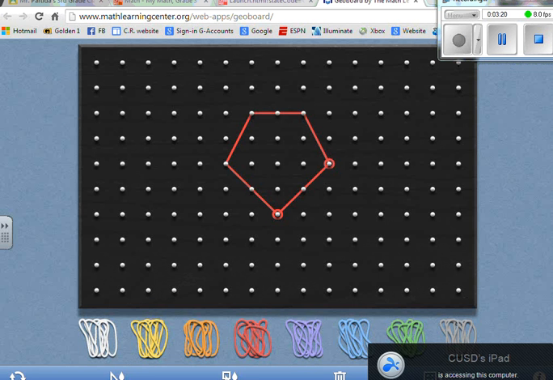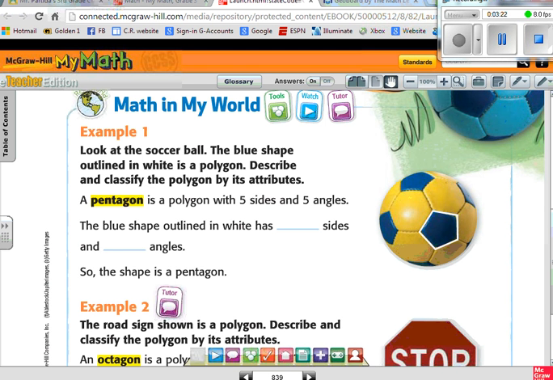So look at the other figure on the soccer ball. 1, 2, 3, 4, 5. So a pentagon is a polygon. Describe and classify the polygon by its attributes. A pentagon is a polygon with 5 sides and 5 angles.